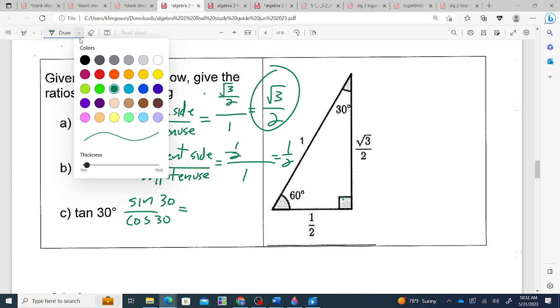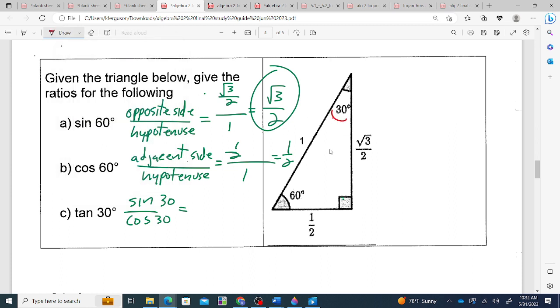All right, so right here, 30 degrees. Sine is opposite over hypotenuse. So that's 1/2. Cosine. Cosine is the adjacent. So that's the square root of 3 over 2. Now I'm skipping this because it's 1. It's the square root of 3 over 2. So what kind of problem is this now?